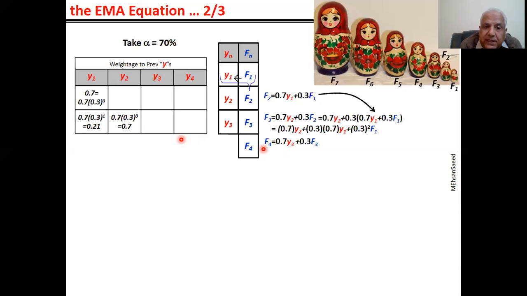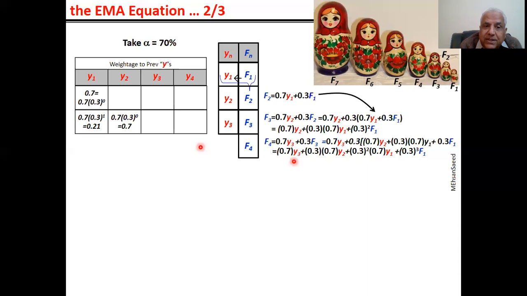But what is F3? We just found out that F3 is equal to this. If now we substitute F3 with this value, this is what we get, and when we rearrange, this is the sort of expression we get. See the weightage given to the past values.